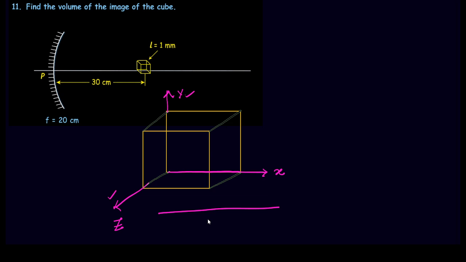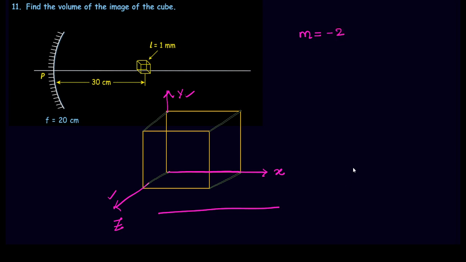The dimension which is parallel to the principal axis is magnified by m square times. So how much m did you get? -2. Yes, that is minus 2.